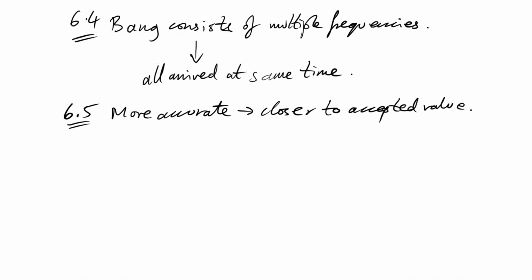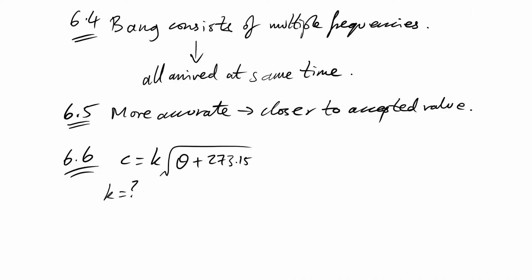Okay, finally, some non-wishy-washy stuff. So here we go. Speed of sound is given by this. So we're being asked to find a value for K. We have a temperature of 0 degrees C. That's nice and easy, so that just disappears. And we see that the speed of sound was 331.29 meters per second. Oh, look at this, we're going to 5 sig figs.